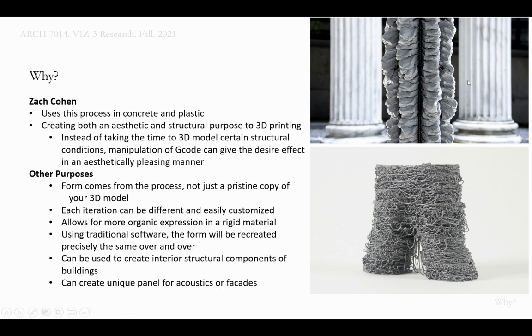His column here in the upper corner is all vertical, but the extruder comes down and then actually smushes the concrete after it prints, and then lifts back up, creating this interaction between the rebar and the concrete, which begins to take on the fluting of traditional columns.